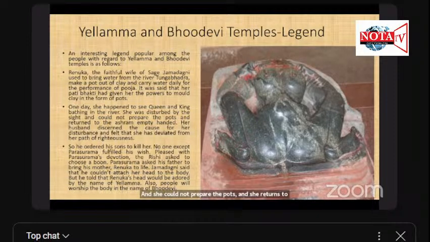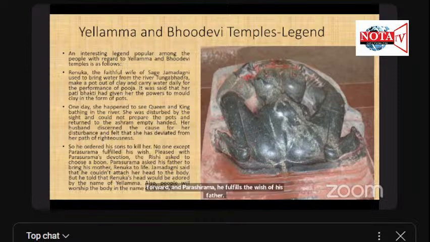Her husband understood the cause of her disturbance, and felt that she had deviated from her path of righteousness. So he ordered his sons to kill her. No one came forward, and finally Parashurama fulfilled the wish of his father.